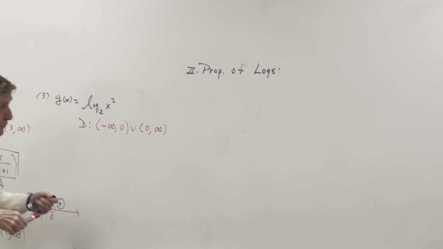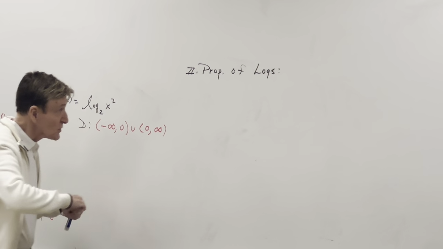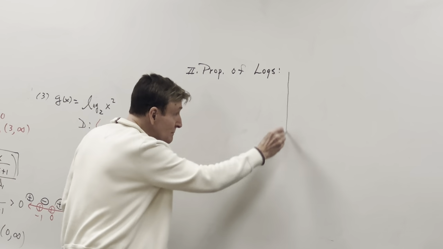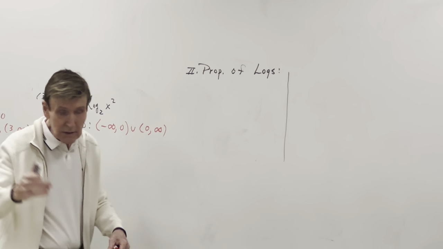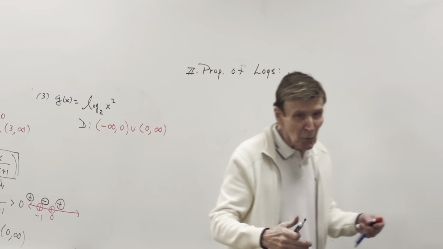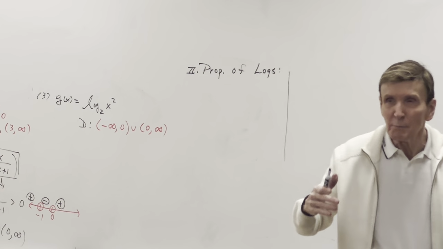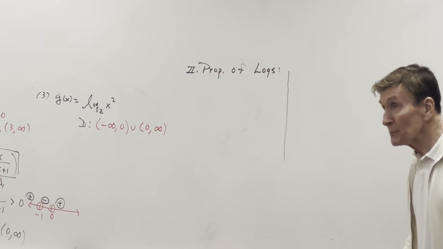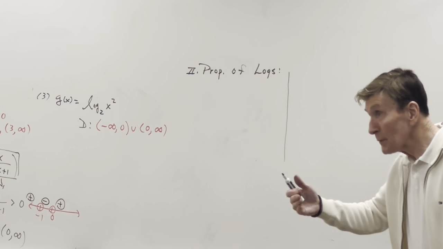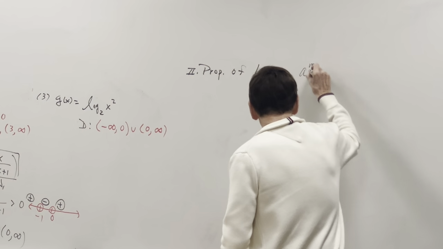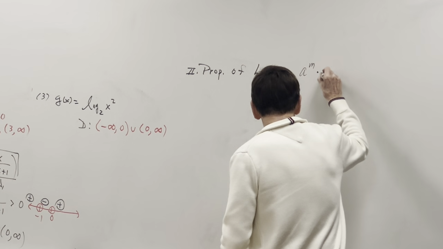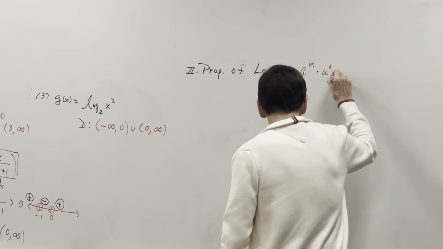Let me remind you back from middle school, maybe earlier. I know those kids across the street are doing at least this. If you're saying, Professor, you want me to associate the word logarithm with exponent, and now you're going to look at some properties you had back in middle school, properties like this: a raised to the m times a raised to the n.